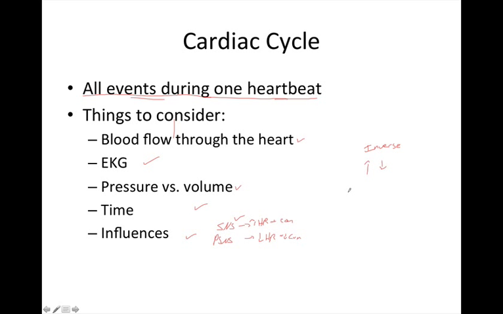For example, if we think of a syringe, let's say we've got the plunger down on the syringe. The volume in the syringe isn't very high. There's a low volume inside, so therefore there's an increased pressure.